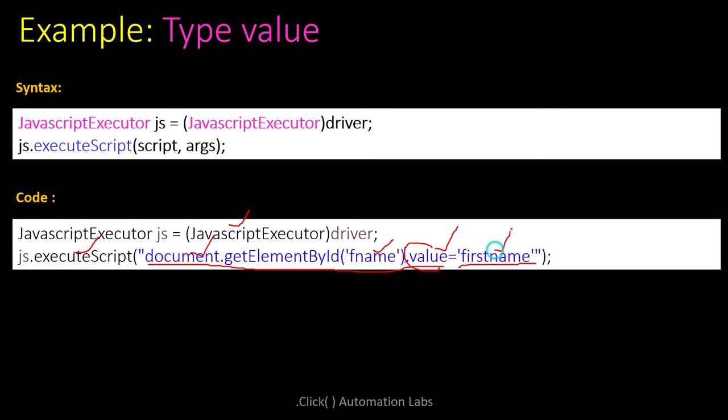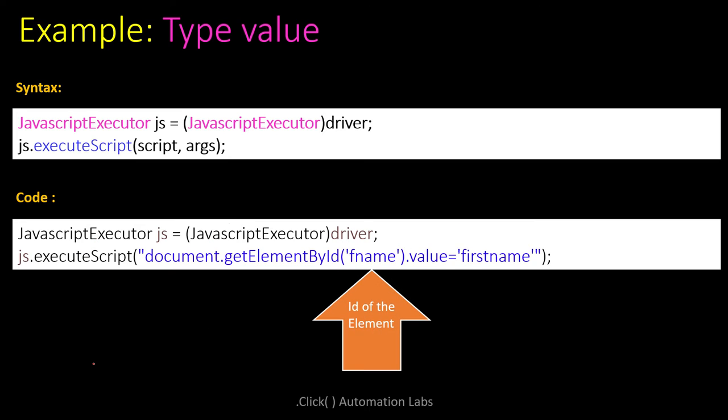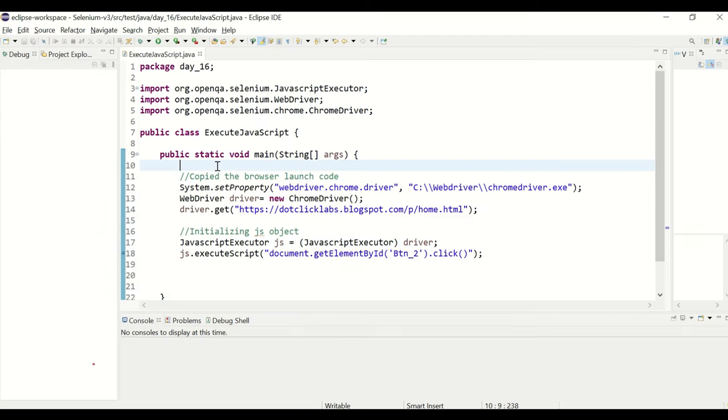So whatever you type over here, this is the way the type works in JavaScript executor. Okay, so this is about the id of your web element, and this is about the value to be entered. So let's see one example.